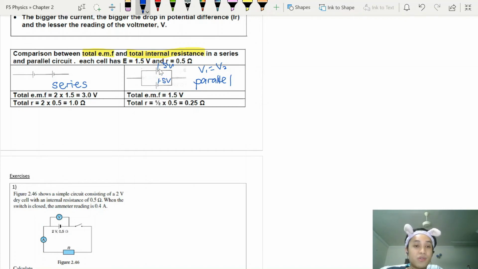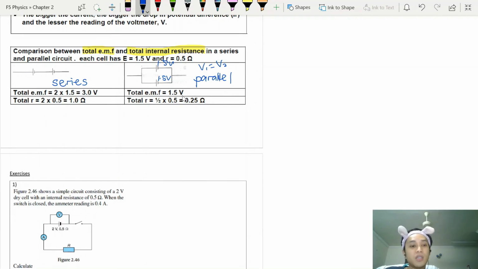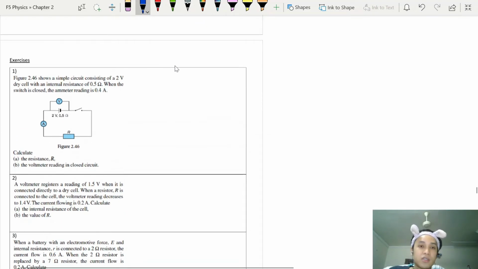If this one is 0.5, you have 2. You're going to take half of the total resistance here, you just divide by 2. If you have 3, then you divide by 3. So technically for calculations, the two formulas you are going to use a lot are this one and also this one.